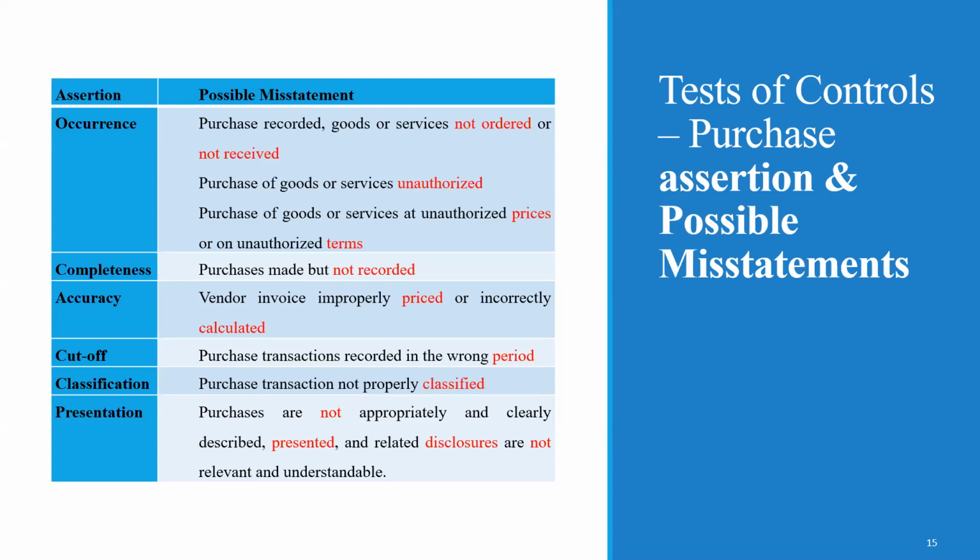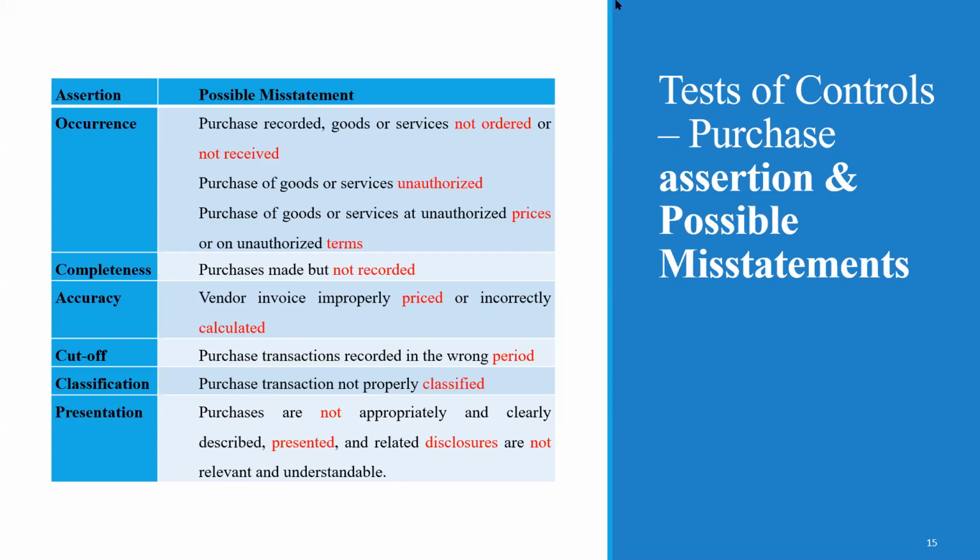If you are able to identify those key control points, then when you do the test of controls for this occurrence assertion, what you could do is test the ordering and receiving documents, authorization evidence, and also check the details for matching.